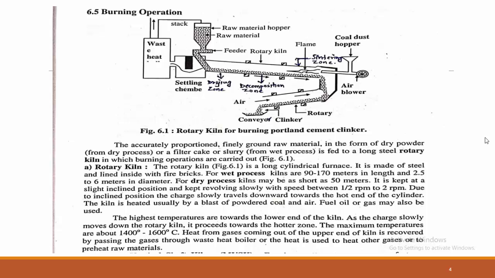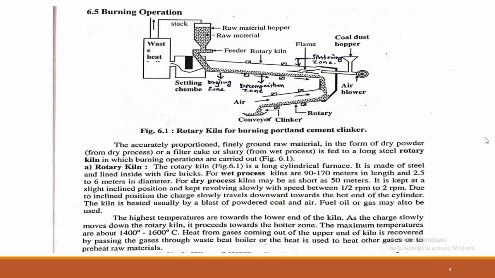One important thing is that the whole cylinder is in an inclined position. From left to right there is the drying zone, the decomposition zone and the sintering zone, where the raw material is fed from the top, the higher zone, that is the drying zone.